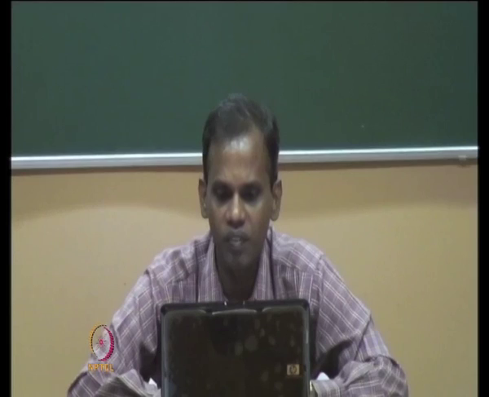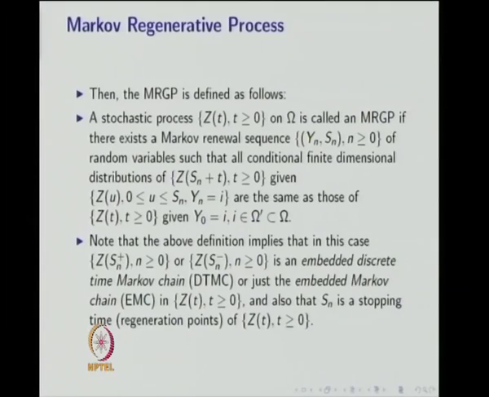Note that the above definition implies that Z(Sn+) or Z(Sn-) is an embedded discrete time Markov chain, or just an embedded Markov chain in Z(t). Also, Sn are stopping times or regeneration points. Stopping time means the Markov property is satisfied at those time points for the given stochastic process.